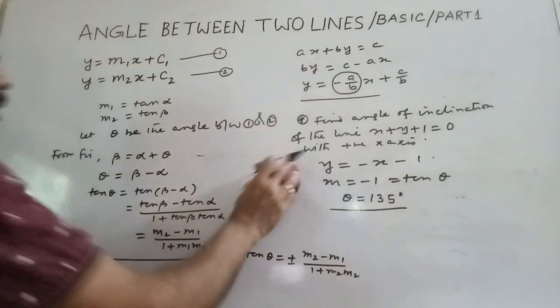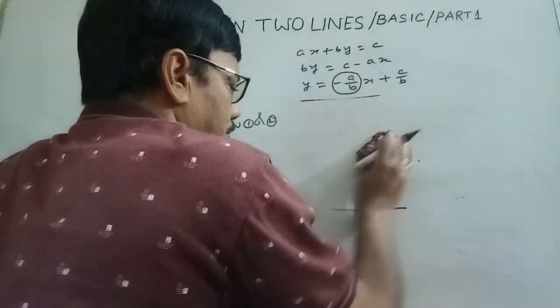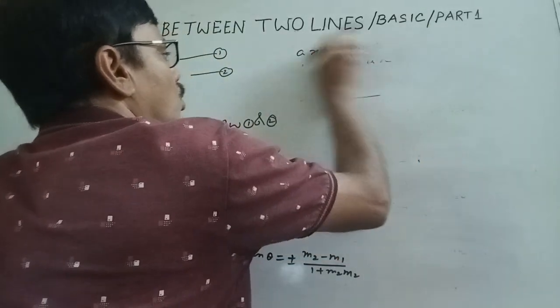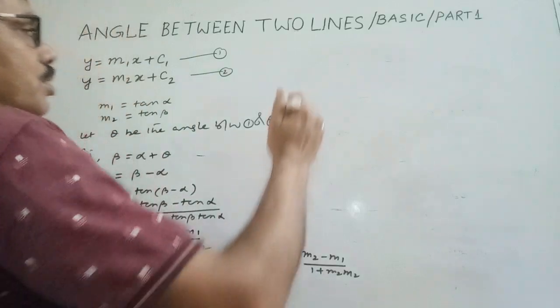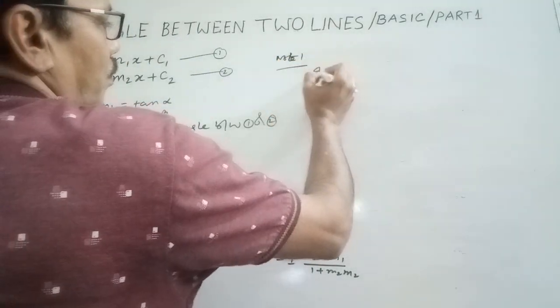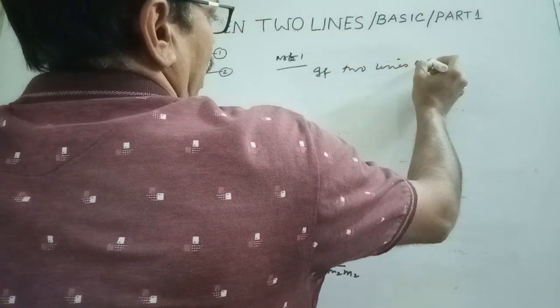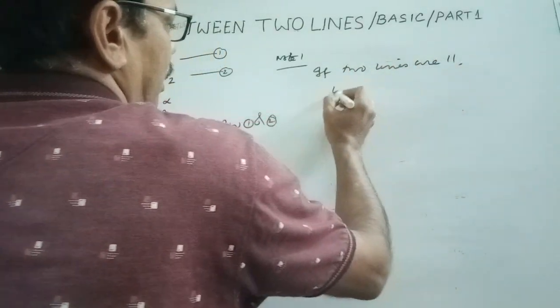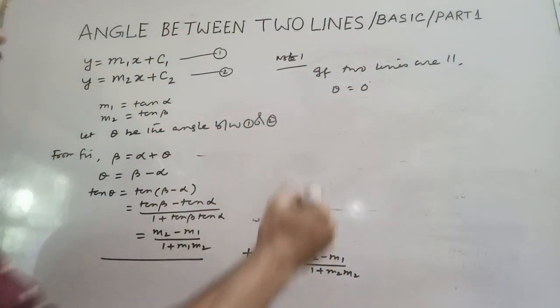Now, look, if two lines are parallel, we have already used this result. If two lines are parallel, then theta equals 0 degrees or 180 degrees.